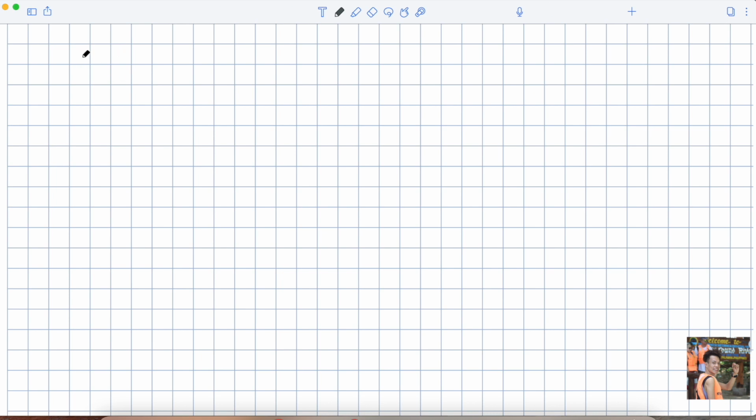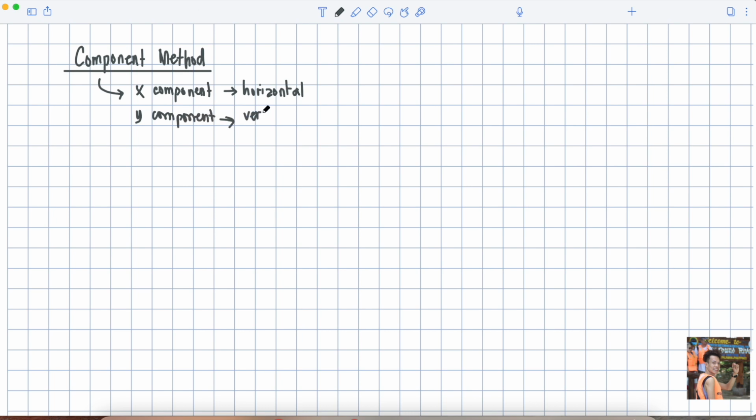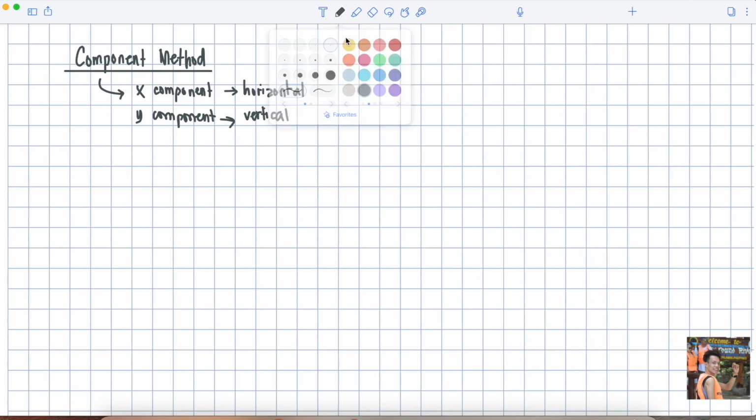Okay, ngayon naman ay i-discuss natin kung paano ang mag-add ng vectors gamit ang tinatawag na component method. Dahil ito ay component method, na-discuss natin previously that a given vector has its x and y component, wherein the x component is the horizontal component of the vector and its y component is the vertical component of the vector.